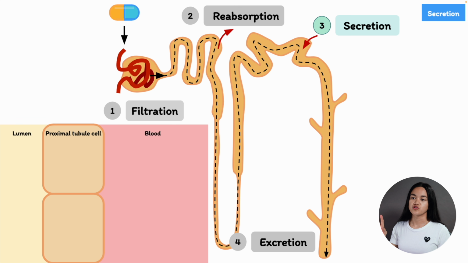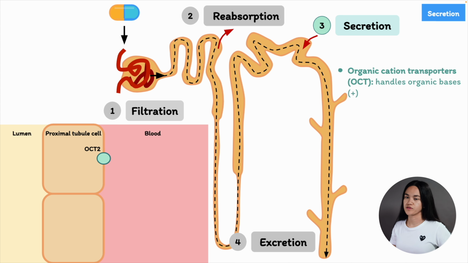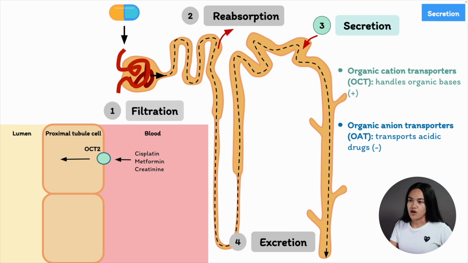Okay? And there are two types of carriers, both of which are relatively non-selective and bind to a wide range of drugs. We refer to the first type as organic cation transporters, OCTs. These transporters bind to cations, meaning they interact with drugs that carry a positive charge, which are typically organic bases. And then the second type, organic anion transporters.